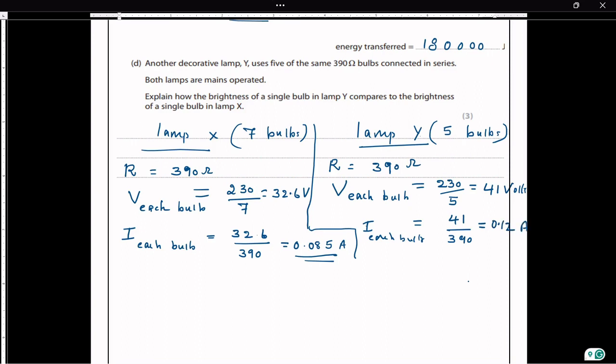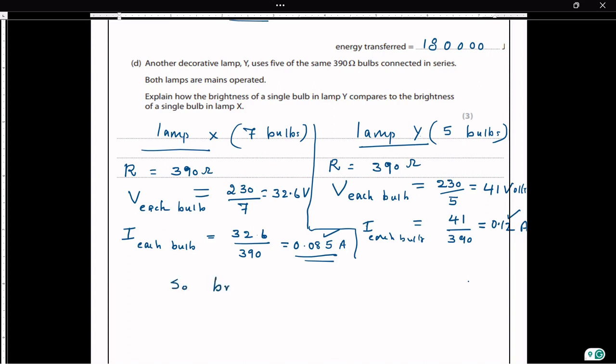Now let us compare the currents. The current in lamp X is less than the current in lamp Y. So you see lamp X, each bulb is having a current of 0.085, whereas in lamp Y, current through each bulb is 0.12 amperes. Therefore, definitely more current in lamp Y, therefore the brightness.